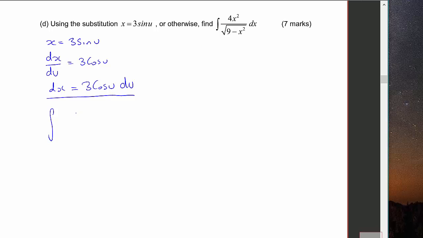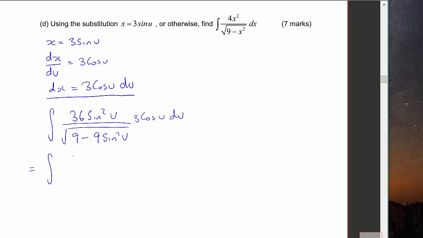Then you've got to multiply by 4, so that's going to be 36 sine squared u all over the square root of 9, take away 9 sine squared u, and the dx of course is 3 cos u du.